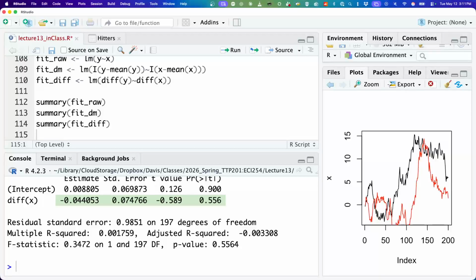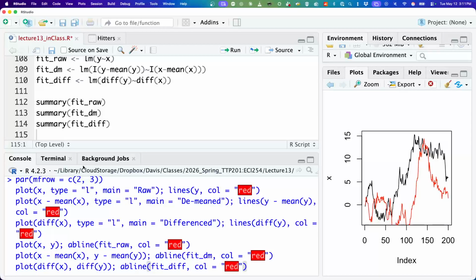Okay, so let me show you what this looks like in the plot.